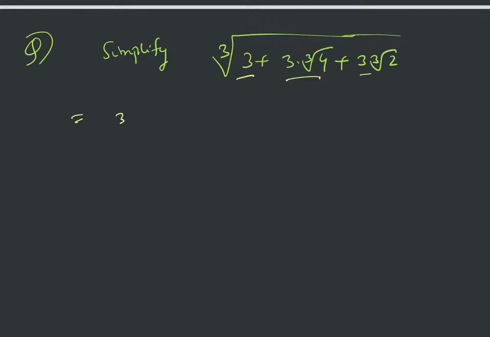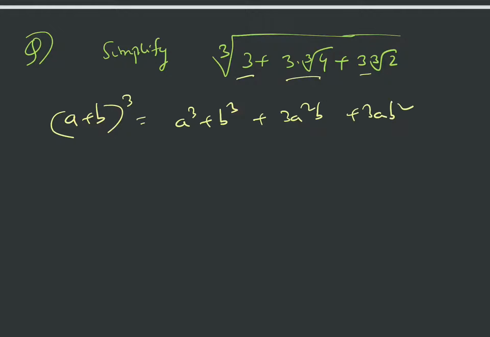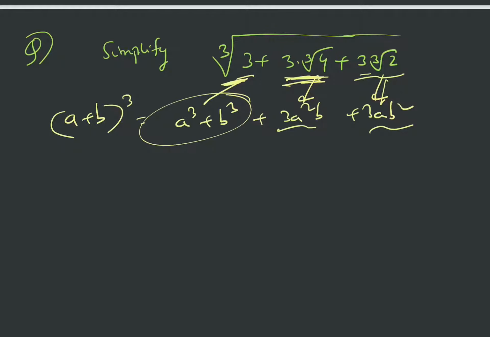So see, what I'm trying to do is I'm trying to use the formula of a plus b whole cube. So a plus b whole cube, it is a cube plus b cube plus 3a square b plus 3ab square, right? So now if you see this, you have 3ab, 3a square b, 3ab square, right? These things are related with 3a square b and 3ab square, and this a cube plus b cube, this entirely should become 3 only.